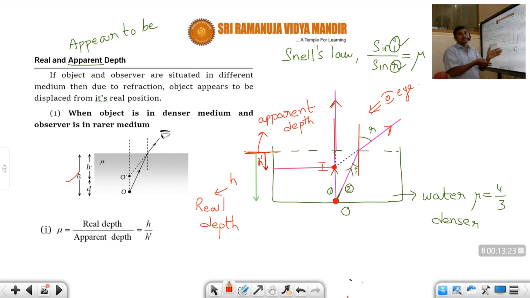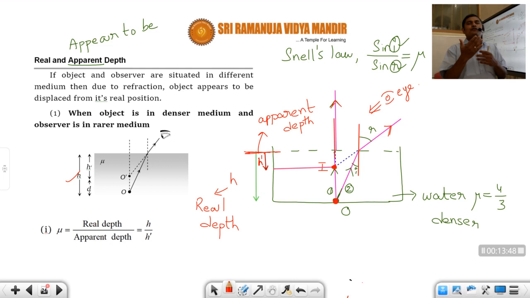Just like I told you in the light chapter in the beginning, if you take a mirror and see your face in the mirror, you will see the image of your face, correct or not students? And we know from the properties of the image formed by a plane mirror, whatever is the object distance in front of the mirror, the image distance also will be the same. So if your face is 5 centimeters from the mirror, your image is also 5 centimeters from the mirror, backside.